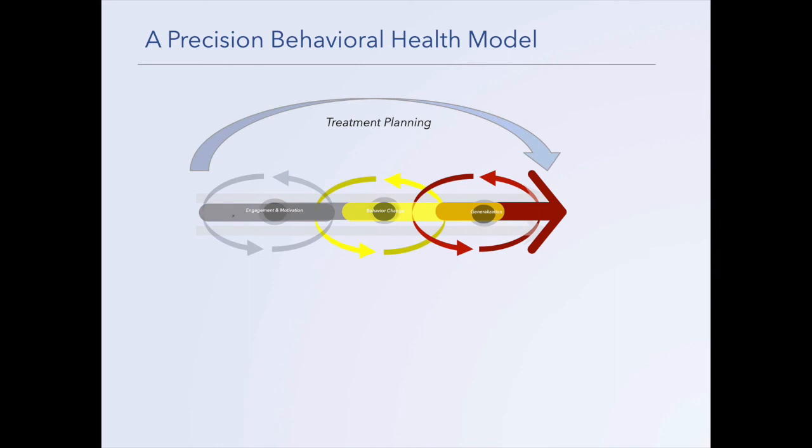Remember, the notion here is that this model has a treatment planning arc and a measurement arc, and that they interact to be able to provide you with the most important information you have at every step along the way. Identifying risk, developmental status, identifying family functions within the treatment planning process, and then double checking to see that what you've changed and altered and adjusted is working for the family through their weekly measurement. That's a precision approach. Try something new, see how it works, adjust and adapt again.